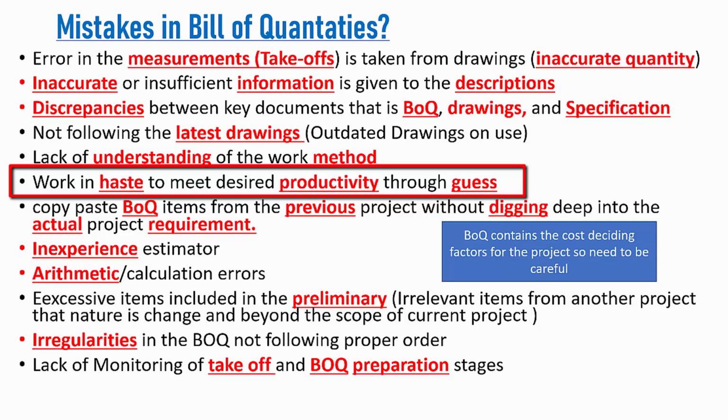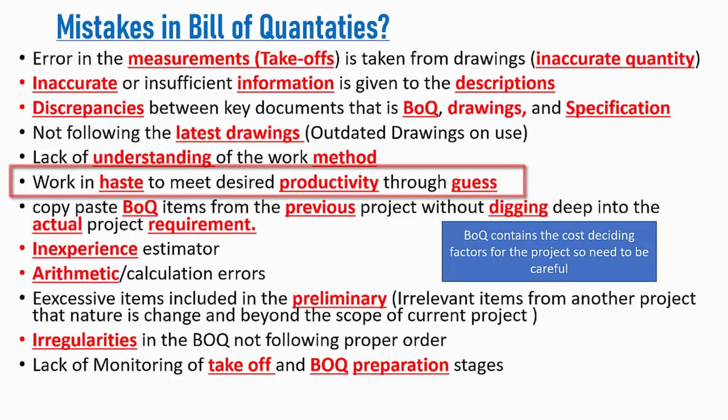The sixth point is working in haste to meet desired productivity through guesswork. Again, this kind of mistake is not only in the BOQ, but also when quantity surveyors or assistant quantity surveyors are working on the takeoff process. Sometimes they lack focus. If they are not focused, they will make silly mistakes, silly errors.